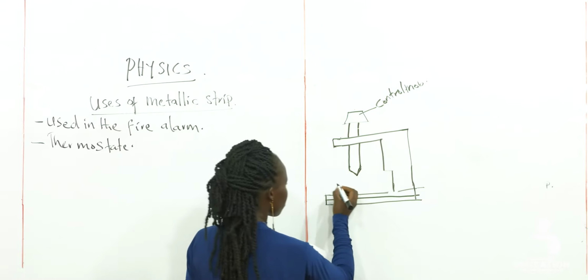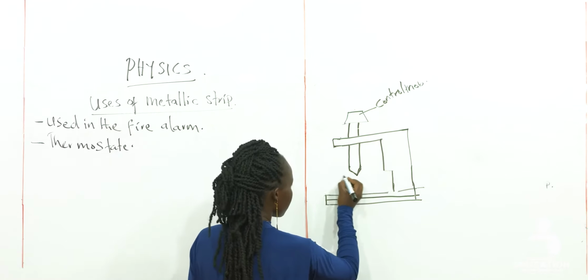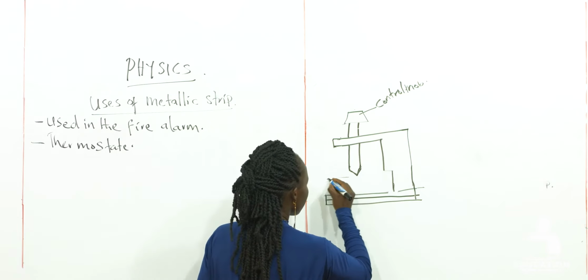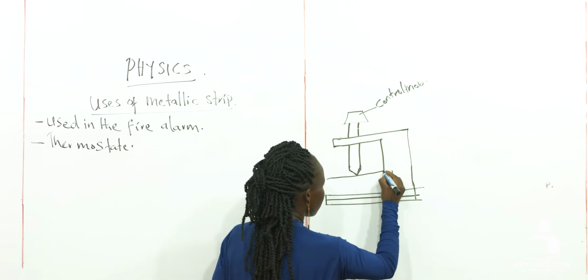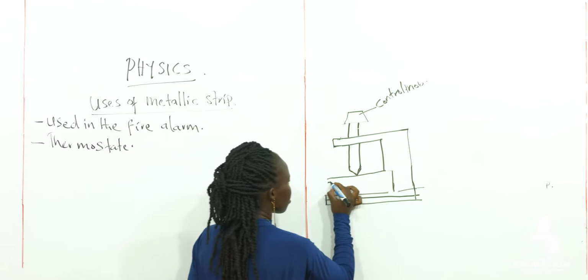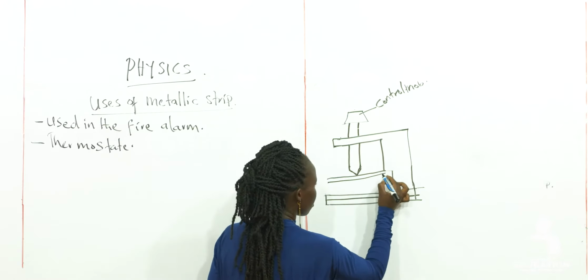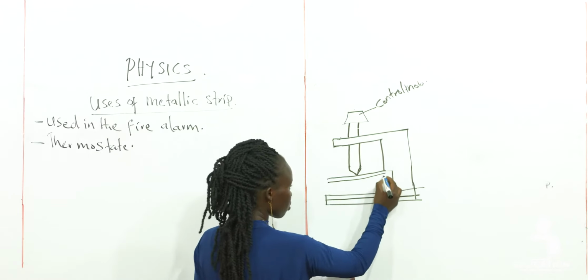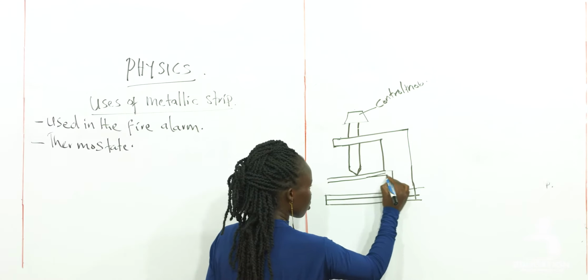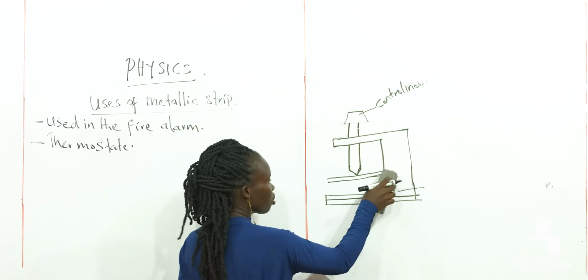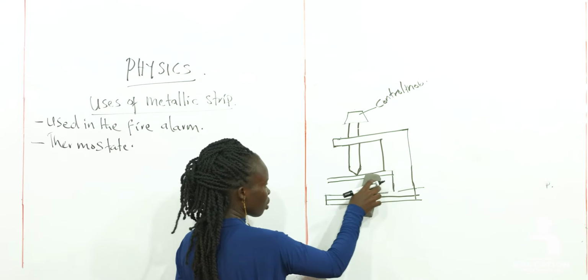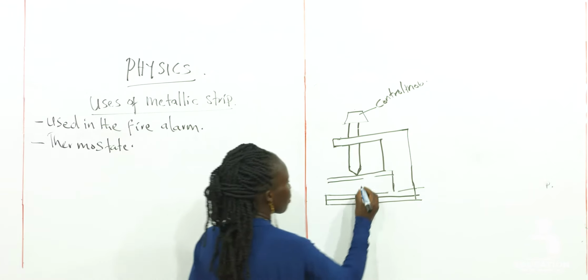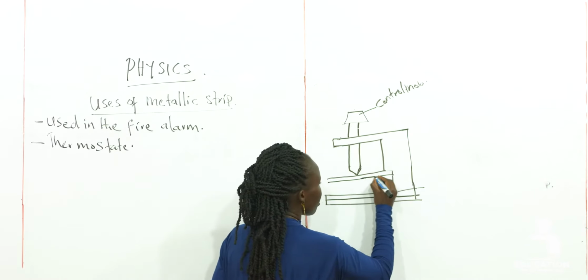So we shall have this connected the other side. It should be a straight line. Mine is not straight because I'm not using a ruler. So I'll have it like that.